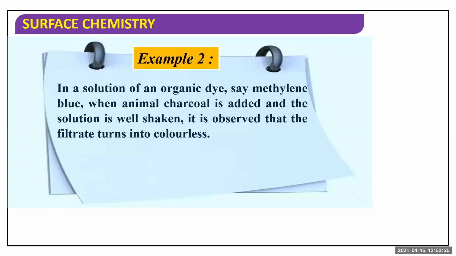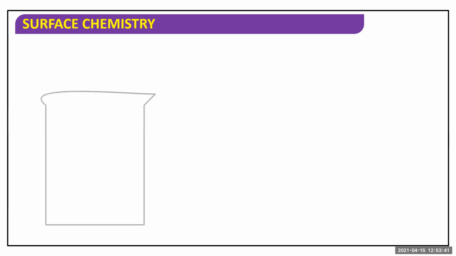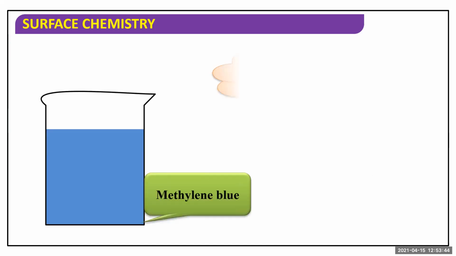Example 2: in a solution of an organic dye, say methylene blue, when animal charcoal is added and the solution is well shaken, it is observed that the filtrate turns colorless.